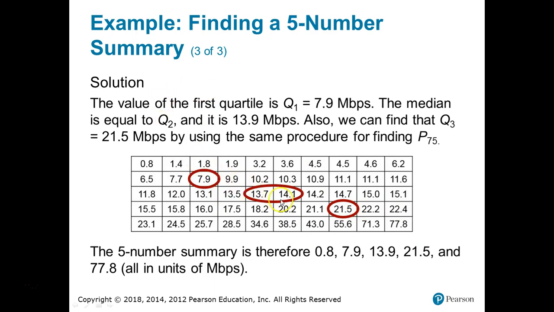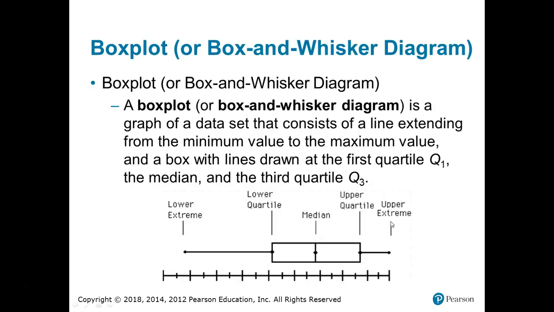Midway between all of them is halfway between 13.7 and 14.1, which is 13.9. Once I get that, we can find Q1, which is the median of the lower half of the data values, 7.9. And the median of the upper half of the data values will be Q3, or 21.5. So now we have our minimum, Q1, Q2, Q3, and maximum. That is our 5-number summary.